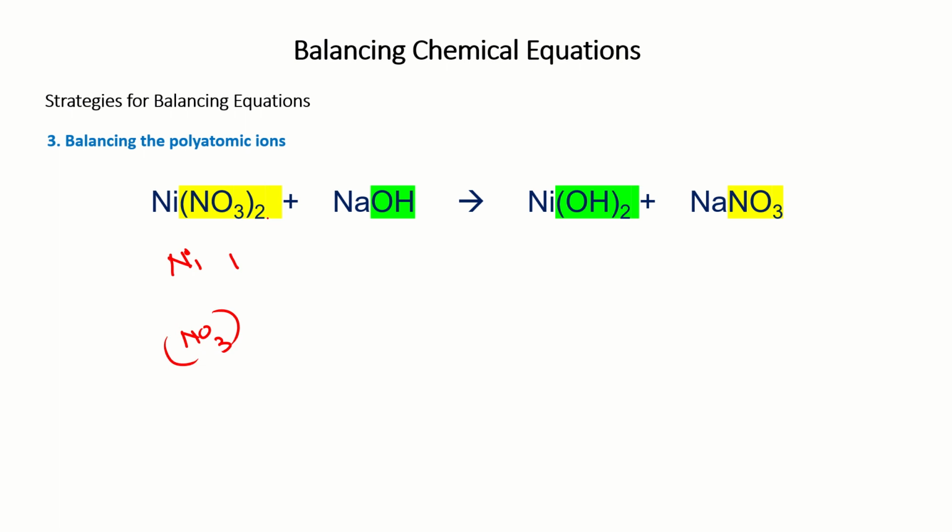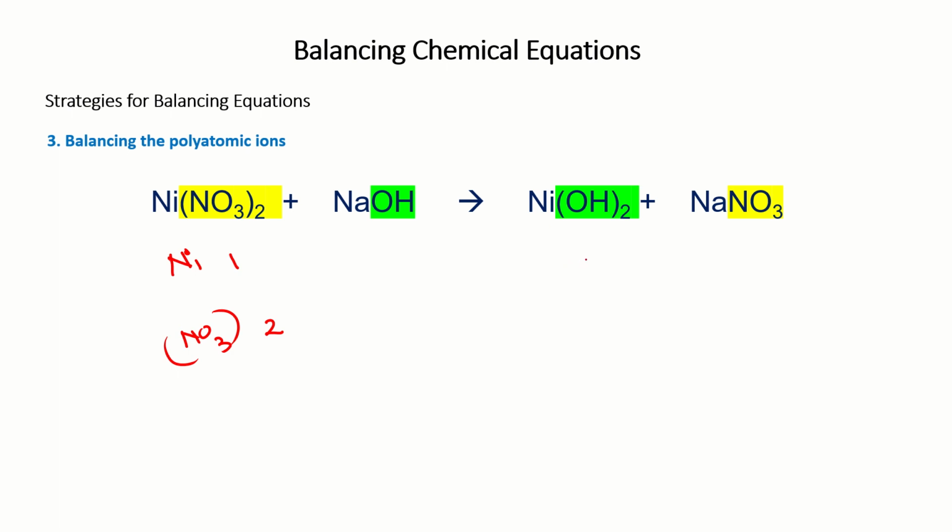how many nitrate ions do you see? You have 2. So I'm not going to split this nitrate separately as nitrogen and oxygen. Instead, I'm taking nitrate ion as one unit, and I'm going to count how many units I have. I have 2 nitrate units on reactant side.